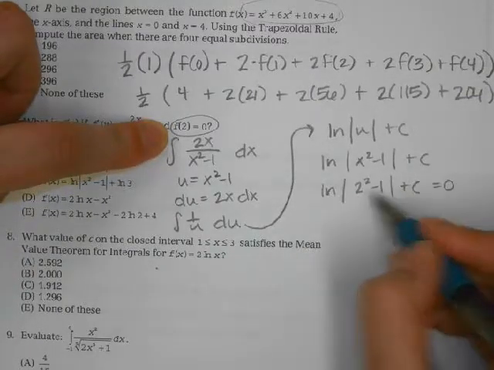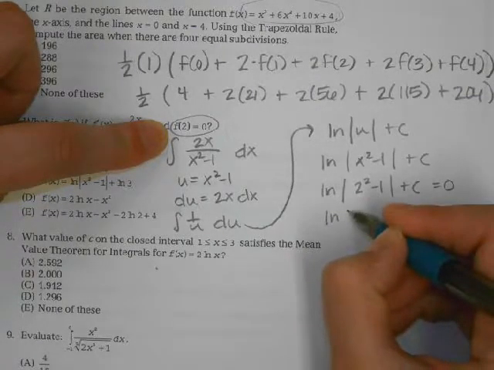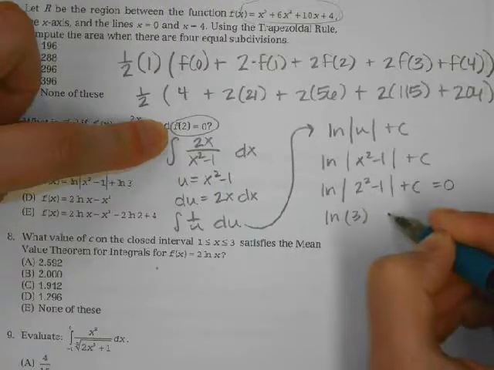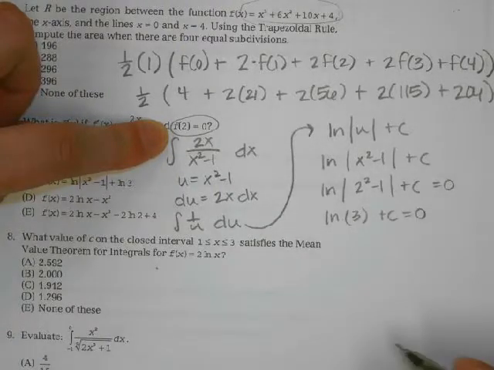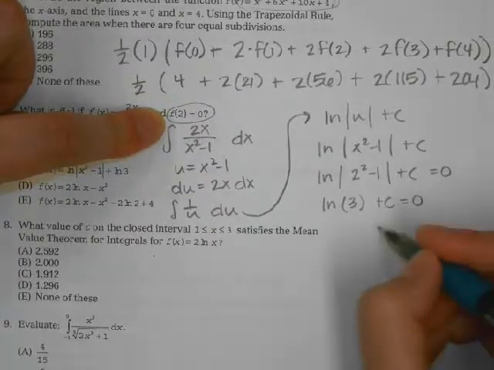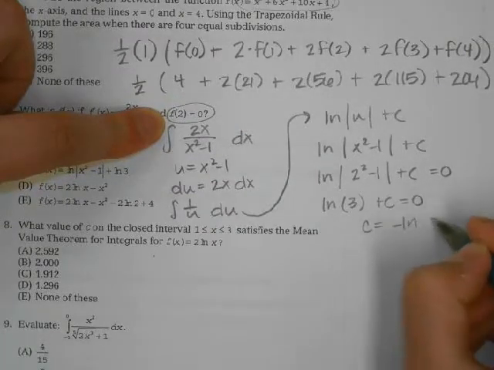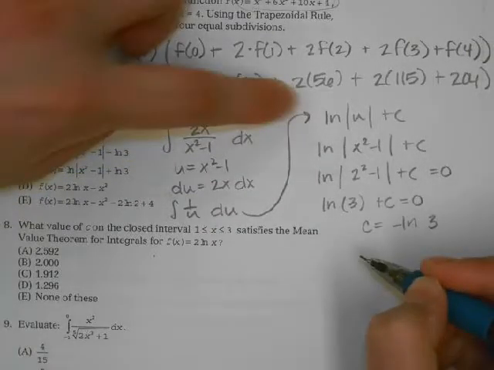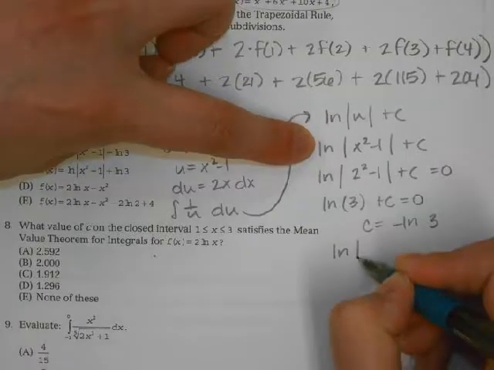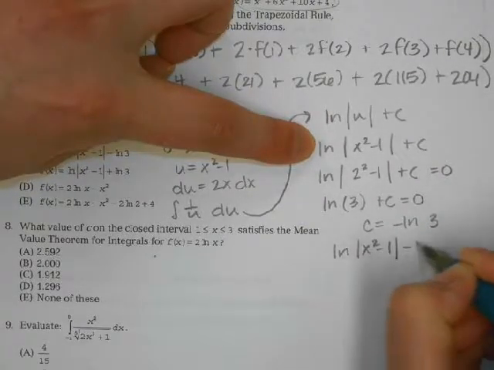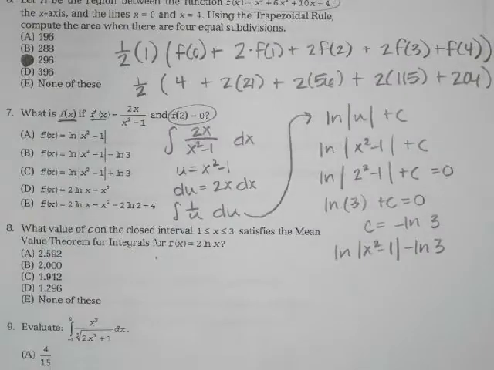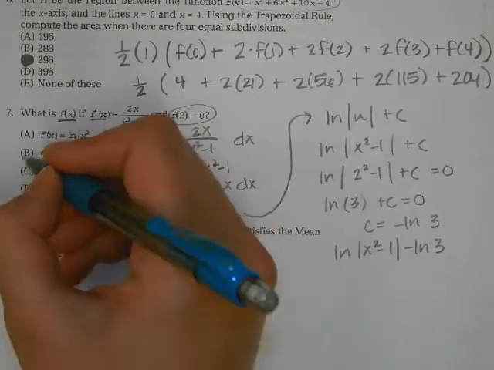This is ln of 4 minus 1, so ln of 3 plus c equals 0. So that means that c must equal negative ln 3. So that means that our function is ln of x squared minus 1 minus ln 3. So 7 is B.